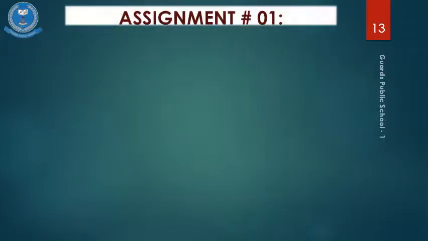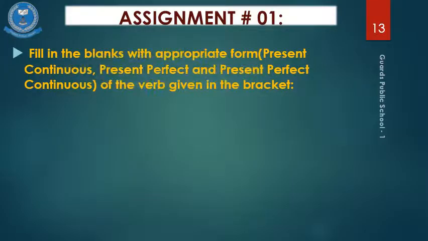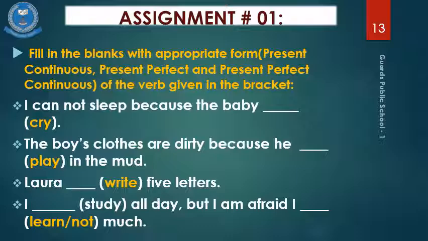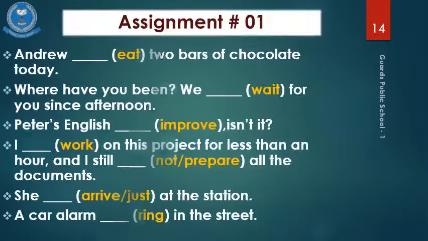And students, this is your assignment time. In assignment number 1, few sentences are given and you have to fill in the blanks with appropriate forms like present continuous, present perfect, and present perfect continuous of the verb given in the bracket.